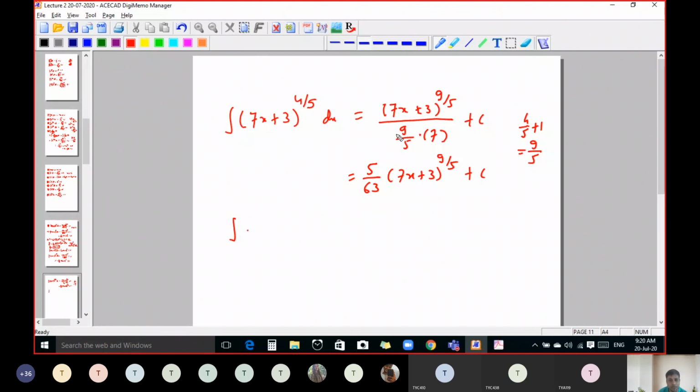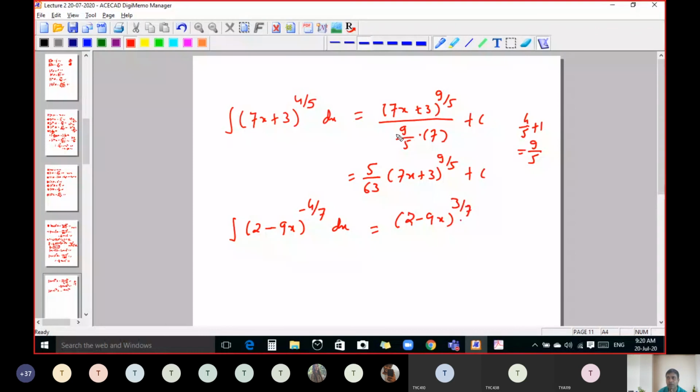Let us take one more example. Integration of (2 minus 9x) raised to minus 4 by 7 dx. Now, if this is the question, then how to find out the answer? It's the same, (2 minus 9x) whole raised to minus 4 by 7 plus 1. Minus 4 by 7 plus 1, that is 3 by 7.